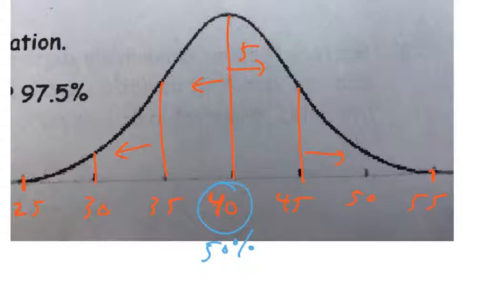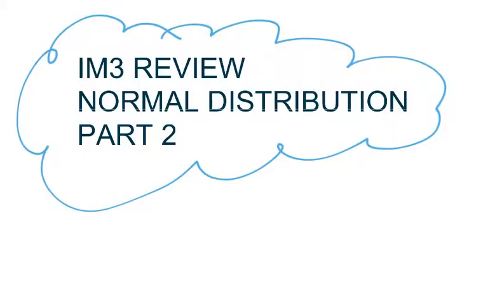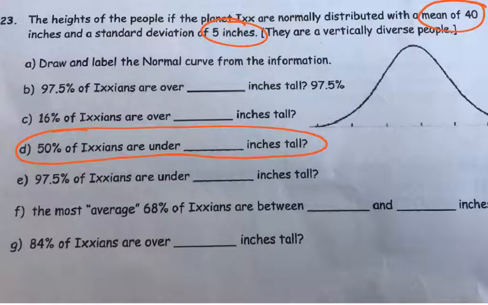So the answer for the 50% is, sorry for the little mistake there, 50% of the Ixians are 40 or under 40 inches tall, because 40 is the mean. That means half of them are shorter, half of them are taller. Okay, let's see here. Let's go ahead and do 68%.